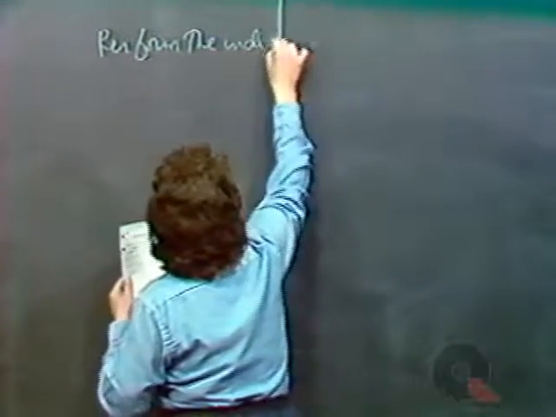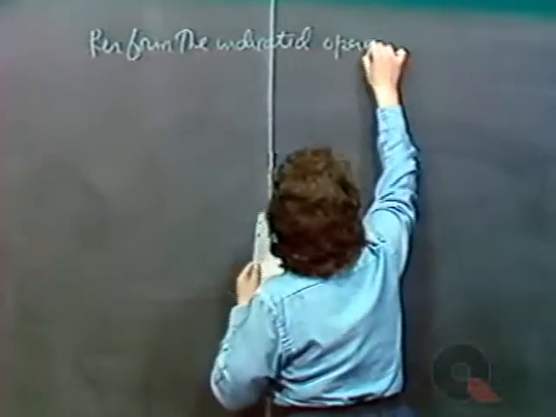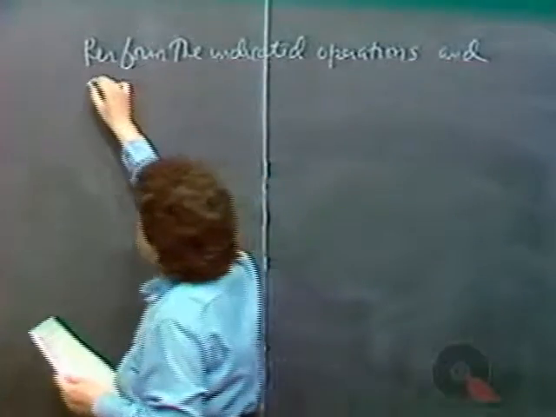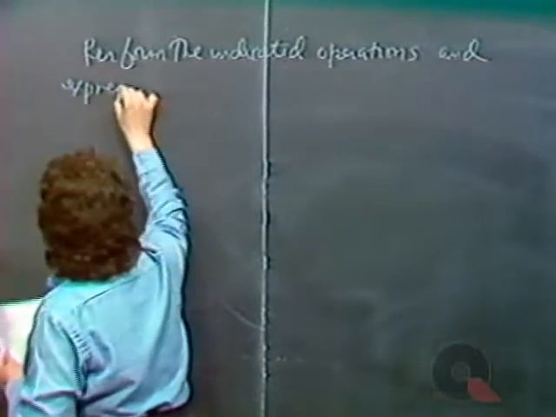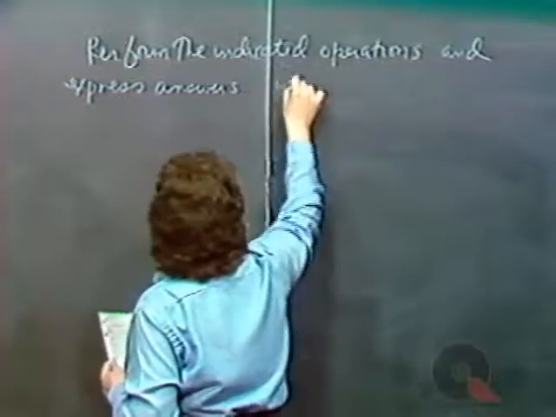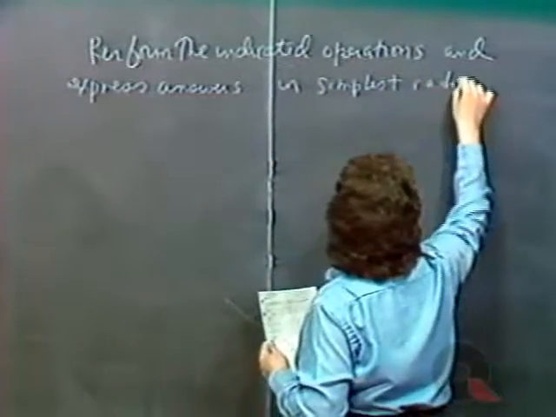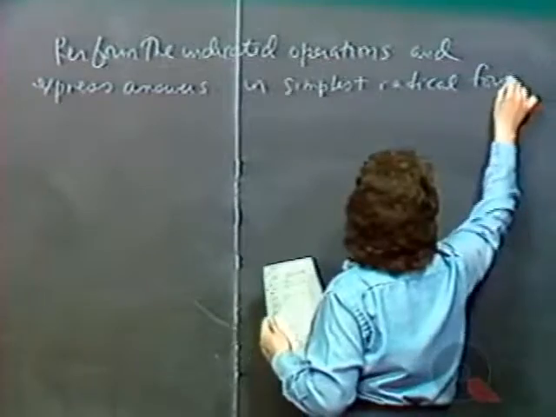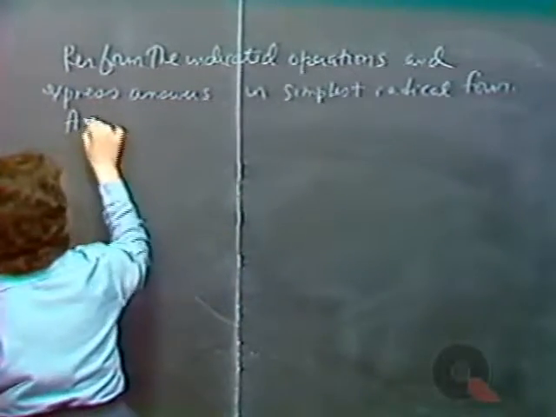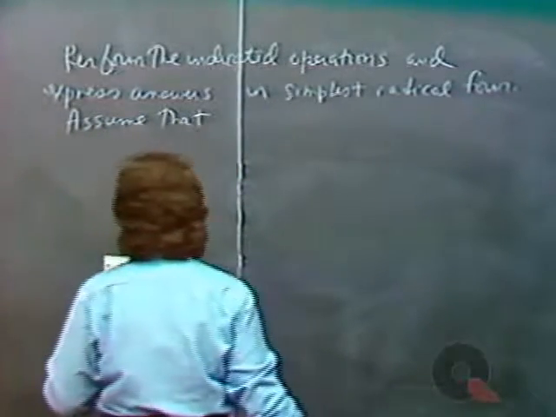In the problems that I'm going to be giving you, I want you to perform the indicated operations and express your answers in simplest radical form. I also want you to assume that all variables represent positive numbers.